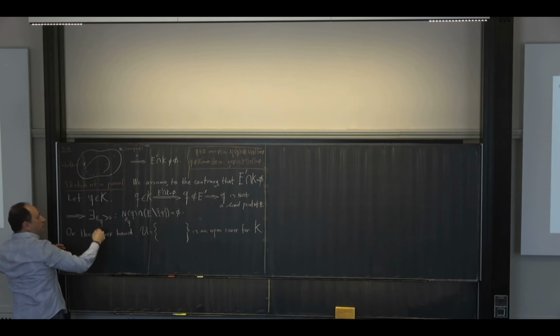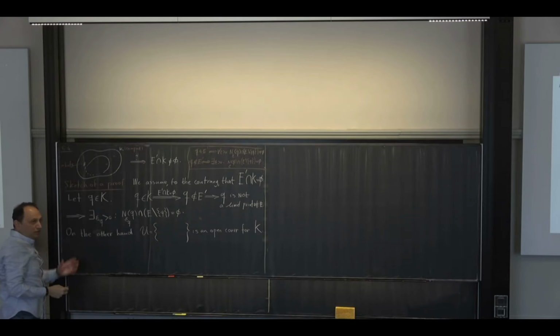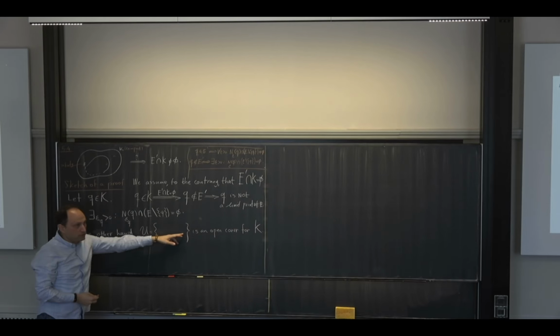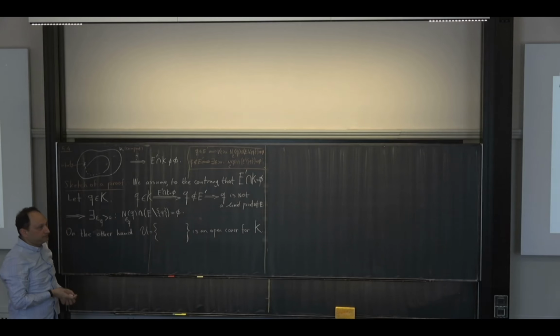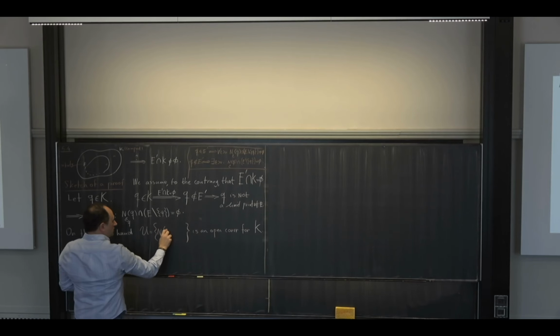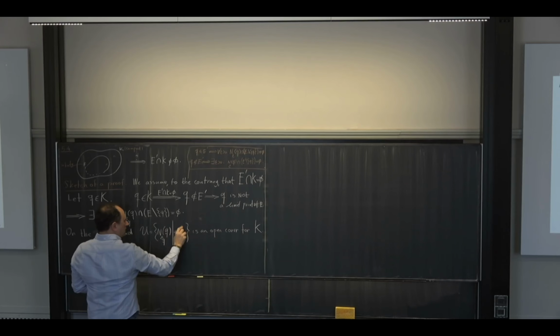So I will start piling up these neighborhoods corresponding to each one of the points in K. Can you see this now? So the neighborhoods N_epsilon_Q(Q), such that Q belongs to K, do you agree?